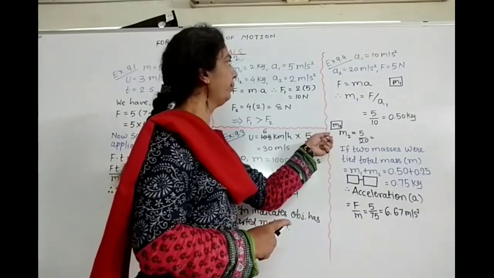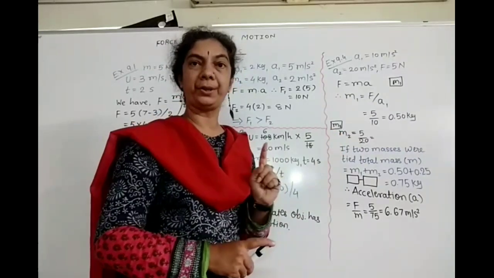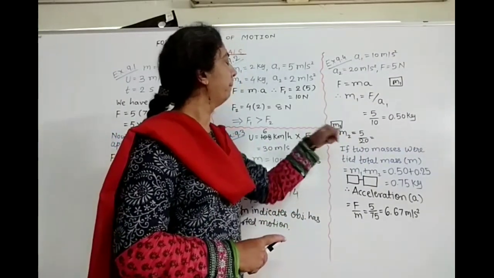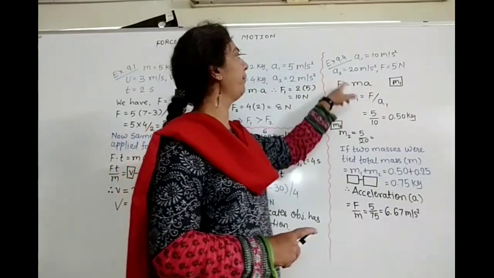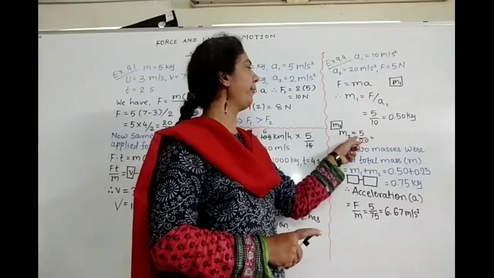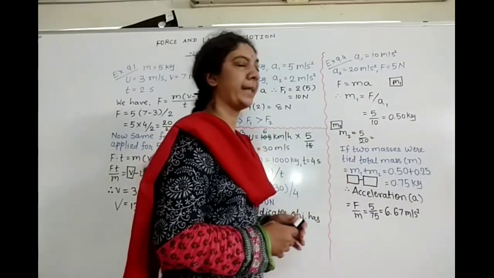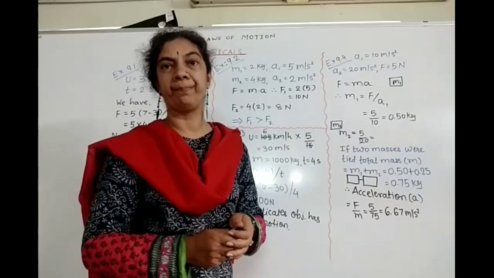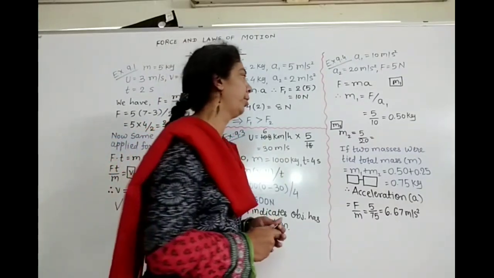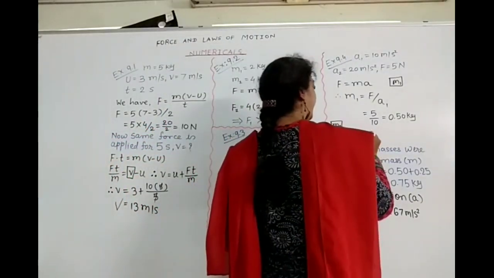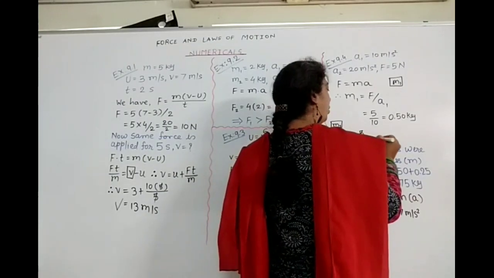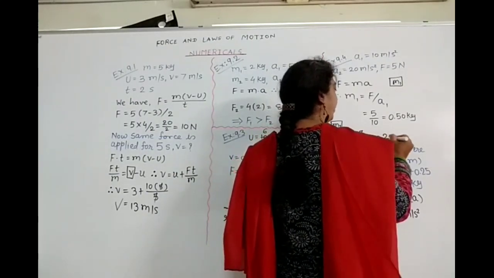For M2, the value of force remains the same, but the acceleration will be different. So F upon A2, that is 5 by 20, it is 1 by 4, and that is what we are getting as 0.25 kg.